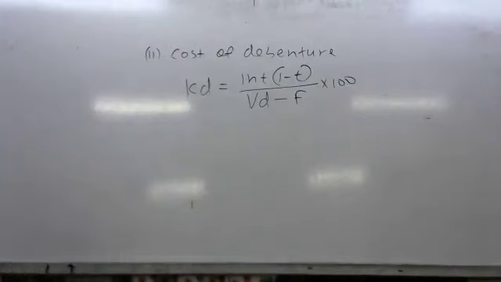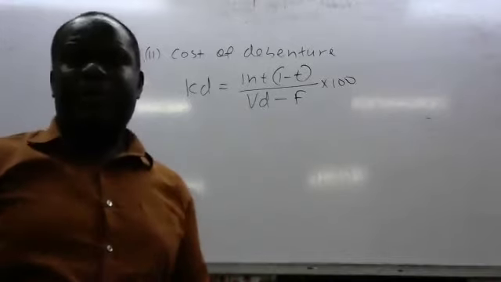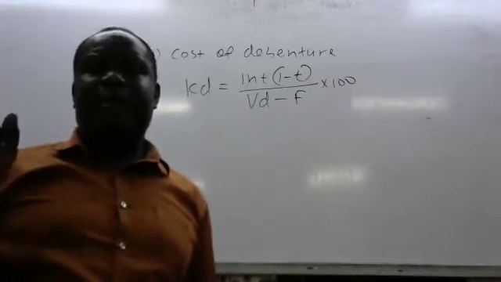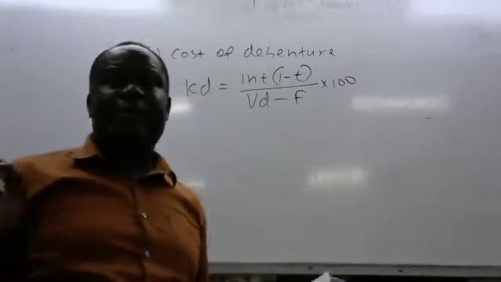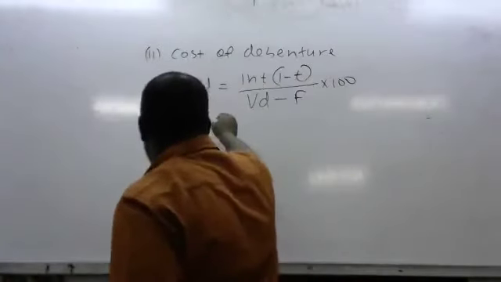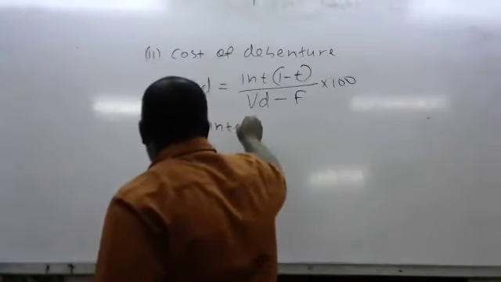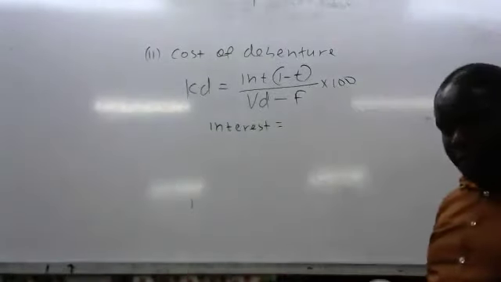So the cost of the debt will be the same as the cost of the debenture. We calculate the interest per debenture, and we use the current market value per debenture. Interest will be calculated on the par value of that debenture.